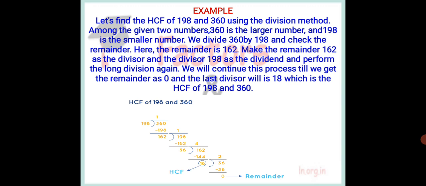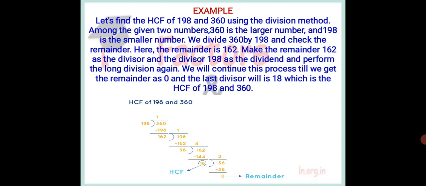We will continue this process till we get the remainder as 0, and the last divisor will be 18, which is the highest common factor of 198 and 360.